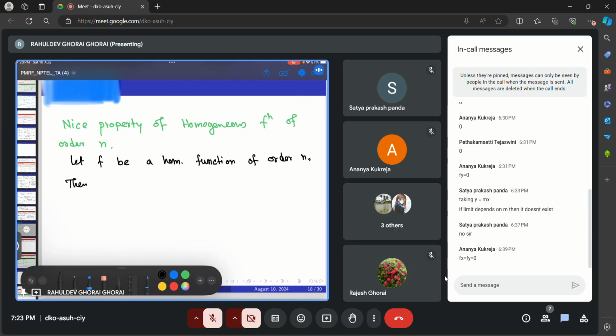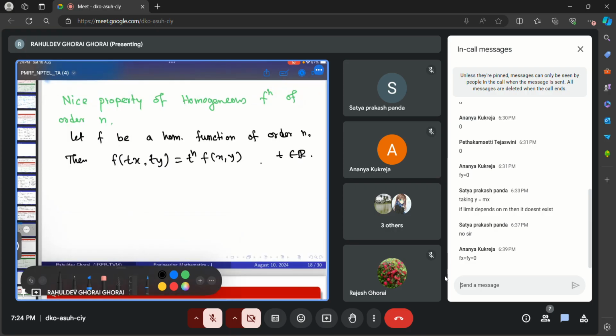Suppose f is homogeneous and also differentiable; I'll be assuming all those things. Then f of tx comma ty will be t to the power n times f of xy, where t is any real number.